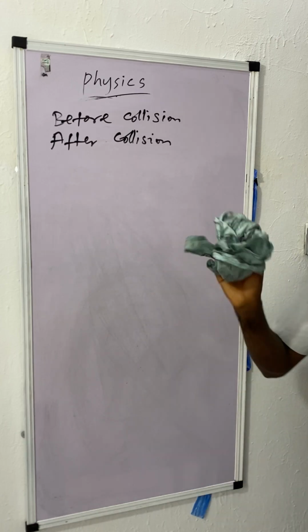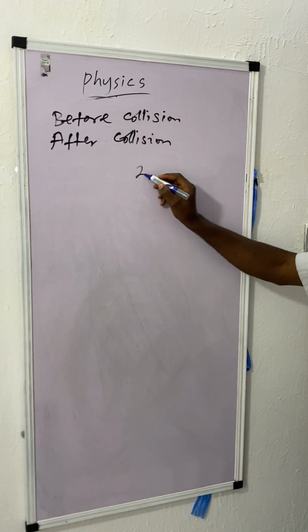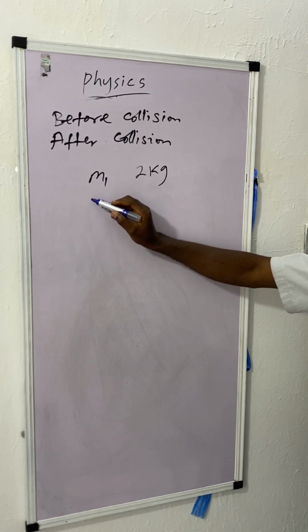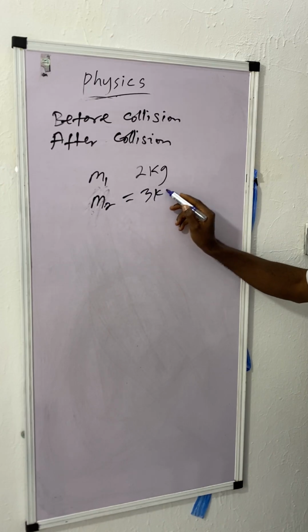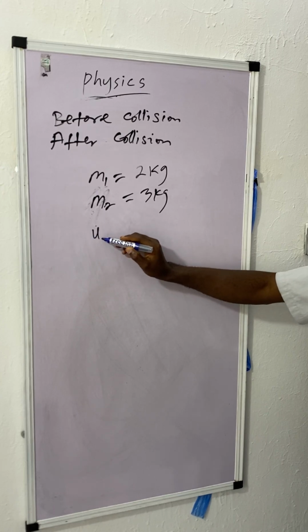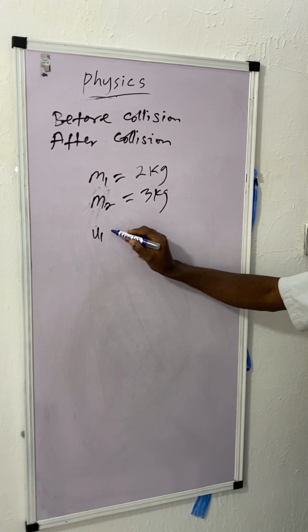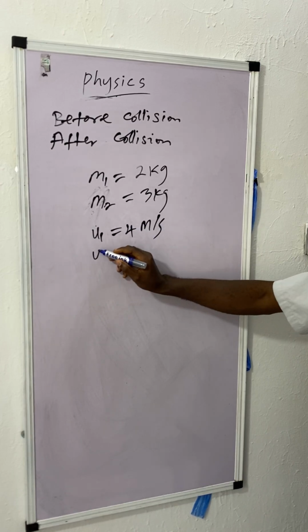You are going to be given mass 1, mass 2, velocity 1, velocity 2. Like in a question here, they gave us 2 kg as M1, and 3 kg as M2. Then U1, they said each other with a speed of, that's U1 equal to 4 meter per second.